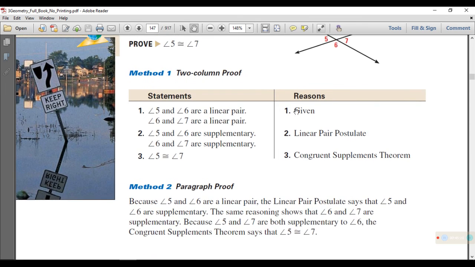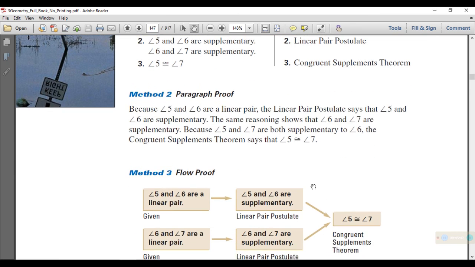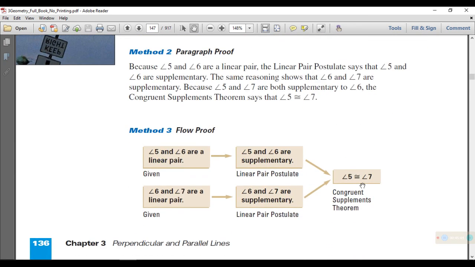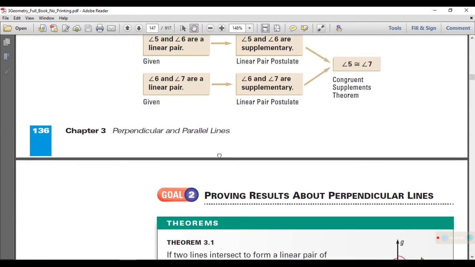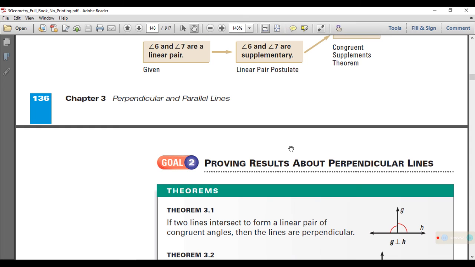So if you will take notice here, dalawang given, pero itong first given is for the first statement in number 2, linear pair postulate, and then the second given from number 1 is for the second statement in number 2, and they will all lead to number 3. So, yan. May hierarchy tayo. Diagram lang siya, ha? All pointing to the given.